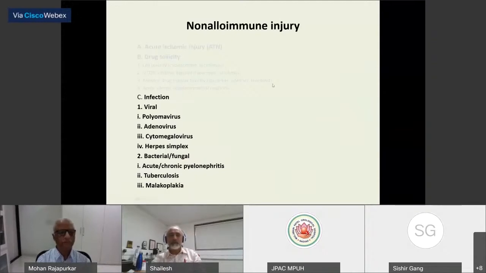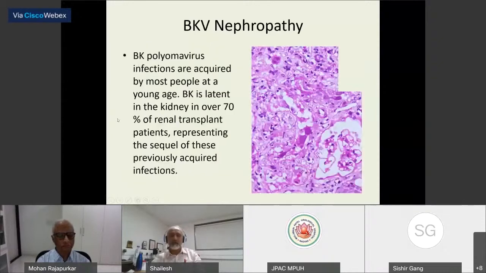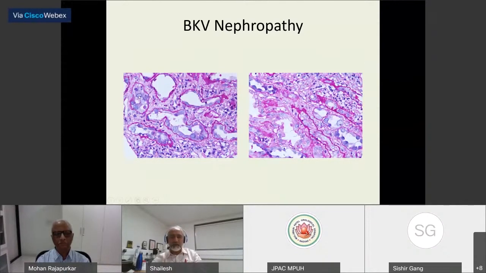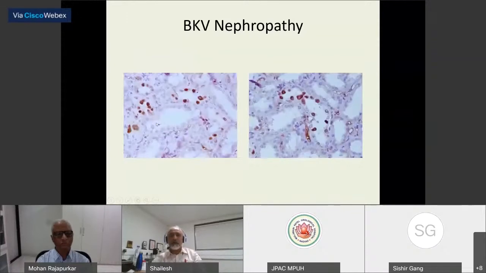Next, non-alloimmune injury is viral infection. Most common are BKV and CMV infection, which we find in practice. Here we can see large tubular epithelial cells with intranuclear inclusions with a classic ground glass appearance, with an enlarged nucleus, and they stain with SV40 IHC, the cells lighting up brown.